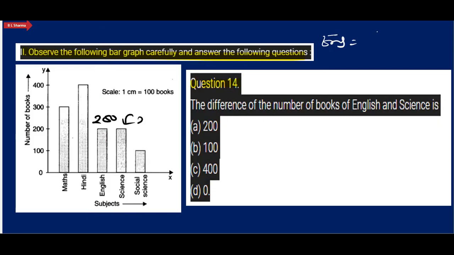And science book is also 200. So 200 difference is there. Difference pucha hai. What is the difference? 200 minus 200, that is 0. And D is the correct option here. 0 is the correct option.